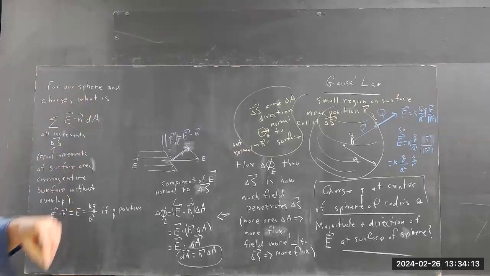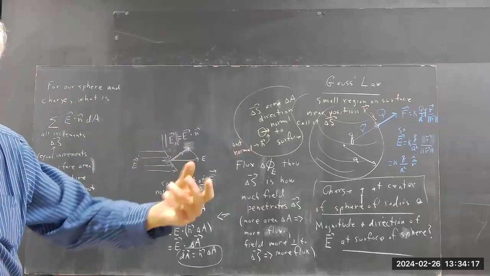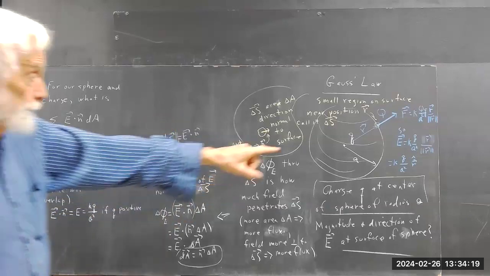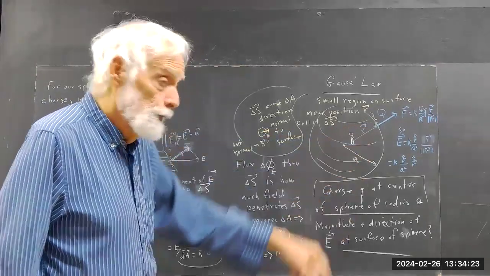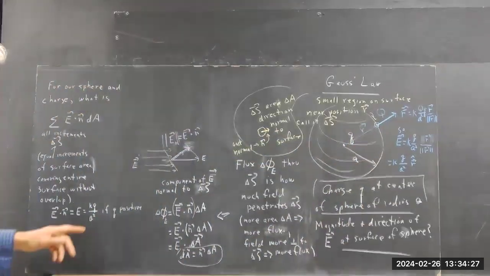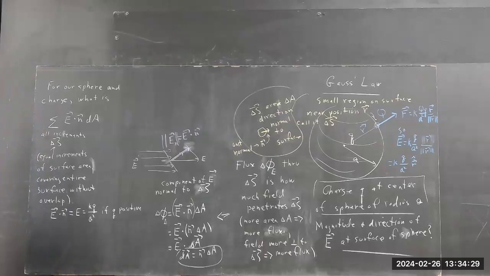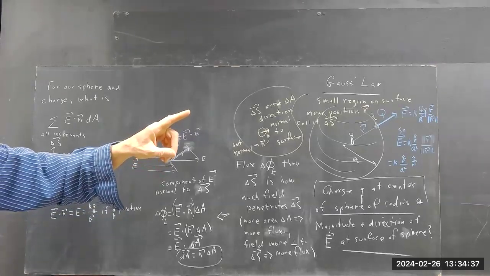Something says directly away. Okay, that means radial in this case. It's directly away from Q. It's in the direction of the R vector. It's radial. So what's the direction of the normal vector? It's radial outward.